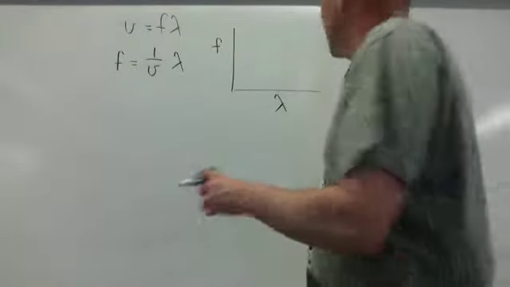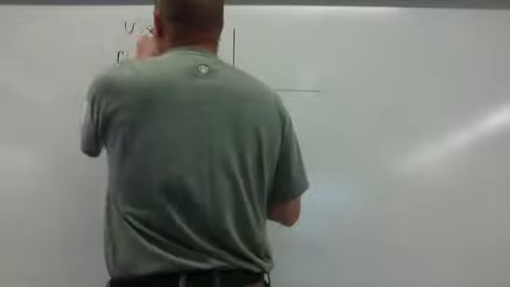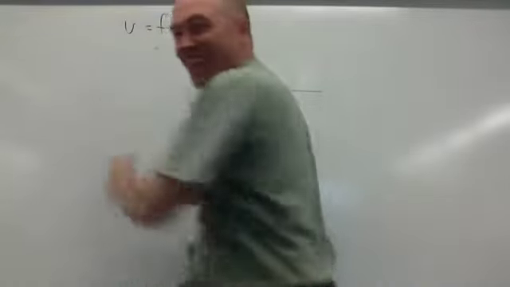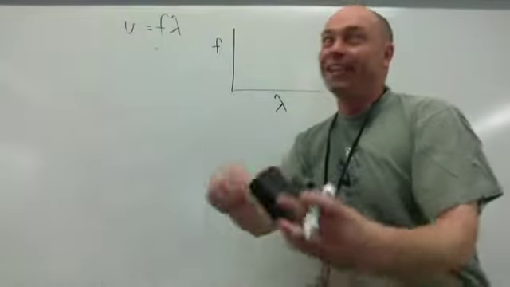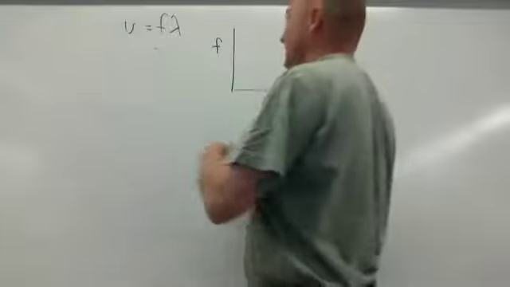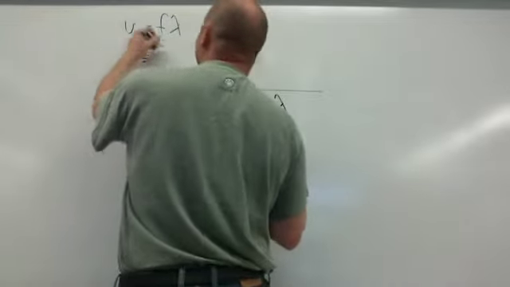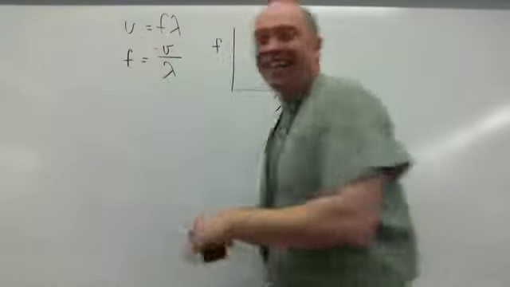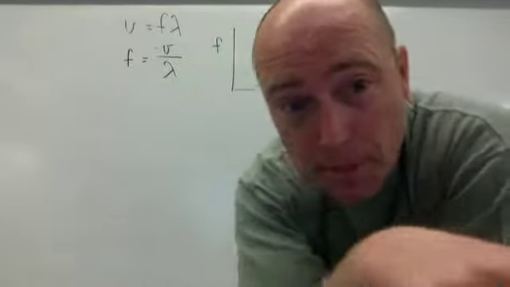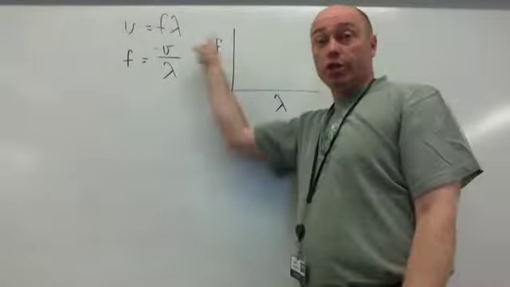Wait, hang on. Sorry, I'm not very good at algebra, so let's rewind that a little bit and fix this. So I'm going to get f equals v over wavelength. Okay, that's better. So anyway, I get this relationship.